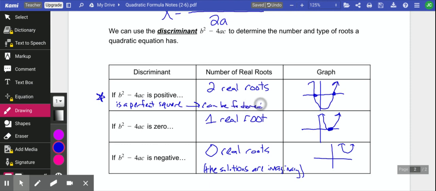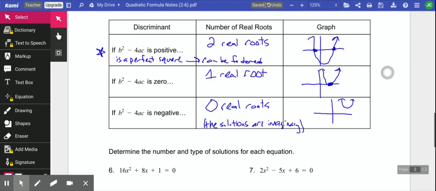That means your roots are rational numbers. They're nice, neat numbers, and they can be factored. I often use this if I have a quadratic equation because factoring is always my first choice, and I always ask myself, can that be factored? And if I'm not sure, I'll just run the discriminant real quick and see. But that it can be factored, and so the solutions are rational numbers.